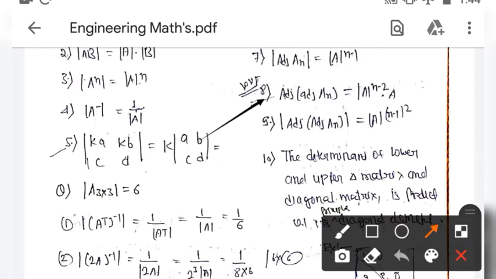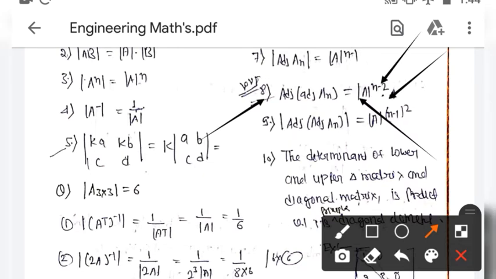Property number 8 is that if they are asking you to find the adjoint of the matrix A, then this is the shortcut. Just write the matrix A and multiply by the determinant of the matrix whole to the power n minus 2.